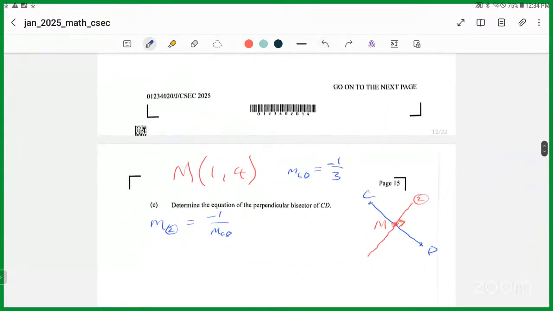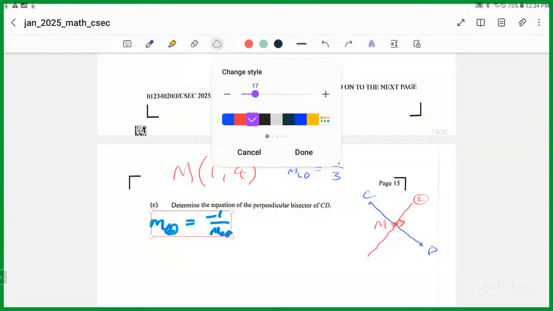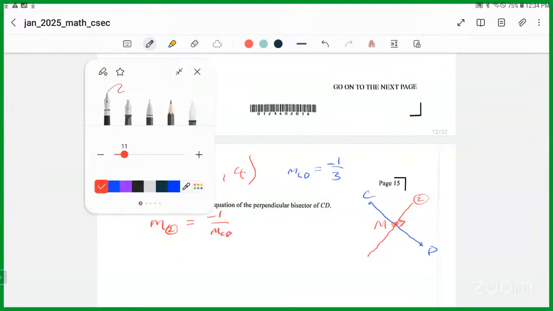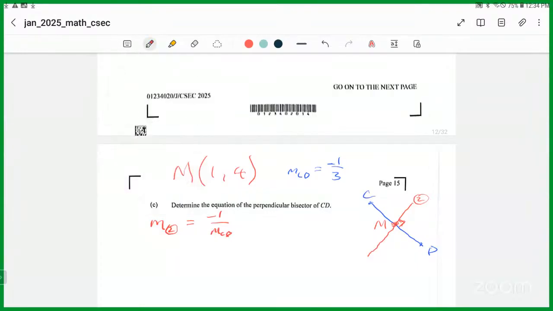Let's change that to red to match the color of the line that we're doing. So the gradient of that red perpendicular bisector is the negative reciprocal of this. Negative reciprocal is done by flipping that and changing the sign. It becomes 3.